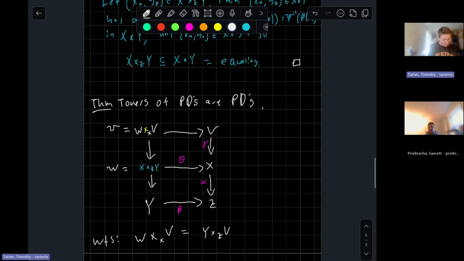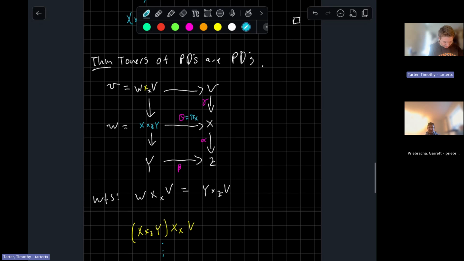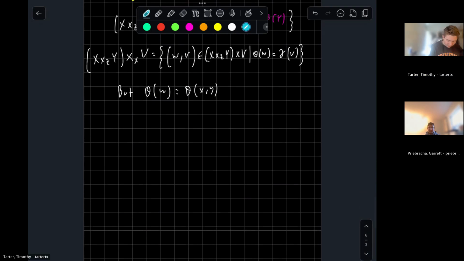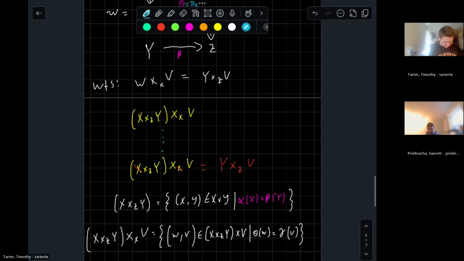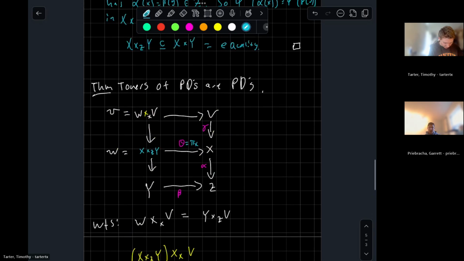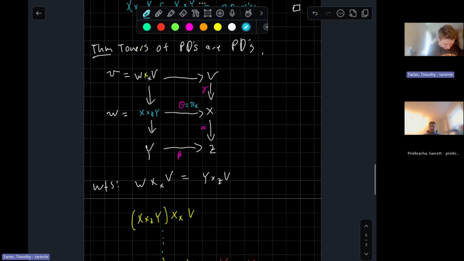No. Oh, that's such a great point. You hit that totally on the head, dude. Yes, it's absolutely pi x, is equal to pi x of x comma y. Oh, that's so smart.